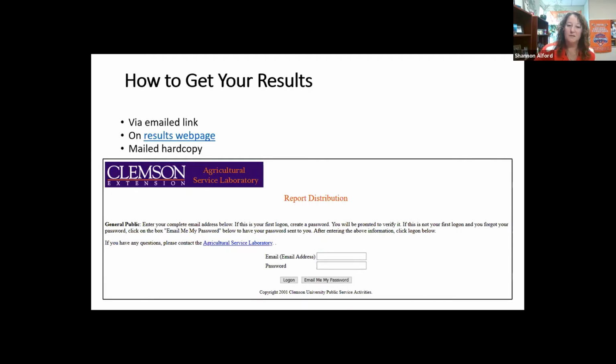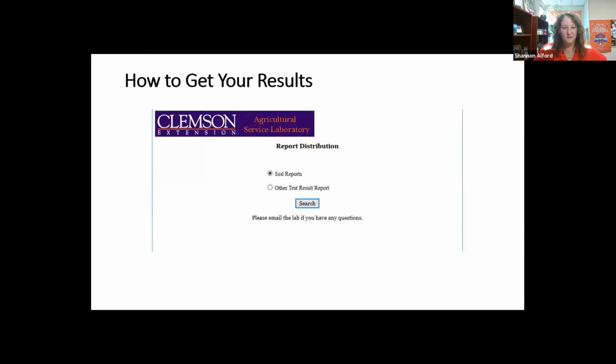You can use the email address you gave us and set up a password, so essentially have an account on that webpage, and you can check your results anytime. You can look back at all your historical results and pull all of that up, and you will have access to any result that's tied to your email address. That's a helpful thing to be able to do. You just click soil reports.